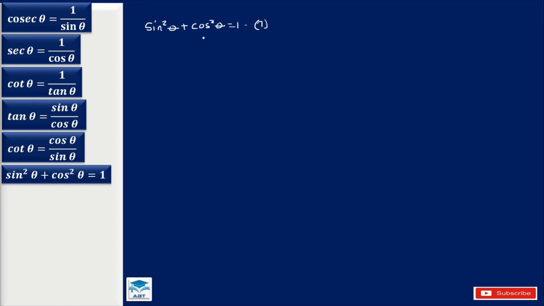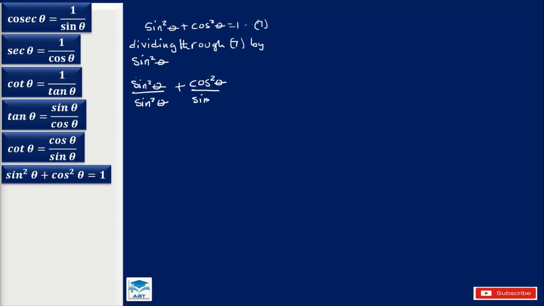Dividing through equation 7 by sine square theta, we have sine square theta divided by sine square theta plus cos square theta also divided by sine square theta is equal to 1 also divided by sine square theta.